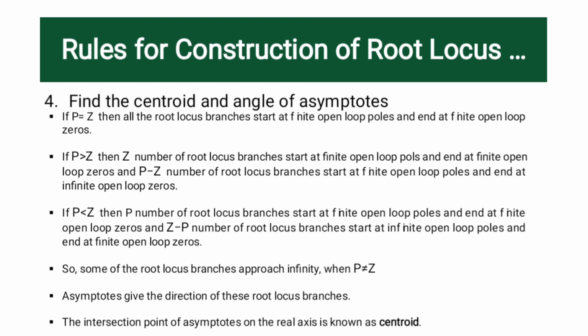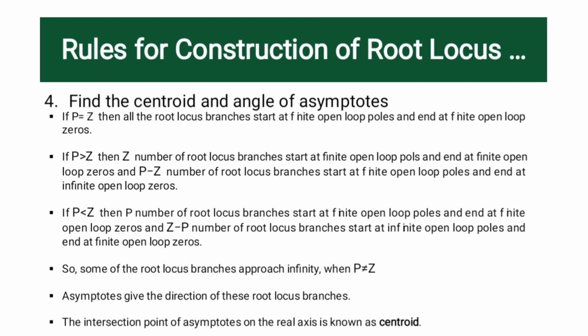Find the centroid and angle of asymptotes. If P equals Z, then all the root locus branches start at finite open loop poles and end at finite open loop zeros. If P is greater than Z, then Z number of root locus branches start at finite open loop poles and end at finite open loop zeros, and P minus Z number of root locus branches start at finite open loop poles and end at infinite open loop zeros.